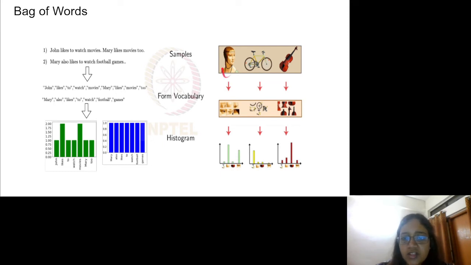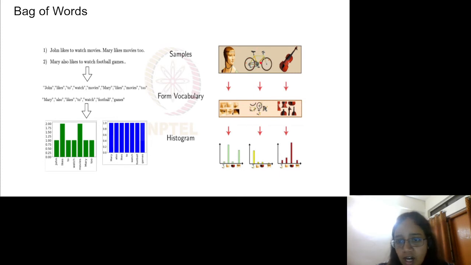Suppose there's a woman, a cycle, and a violin. Now you have divided this image into a grid. Patches means you are dividing the image into a grid, taking out each cell in the grid and trying to see what is inside it. So now that you have broken the image into grids, you'll have many small pieces like this, whatever is given here.